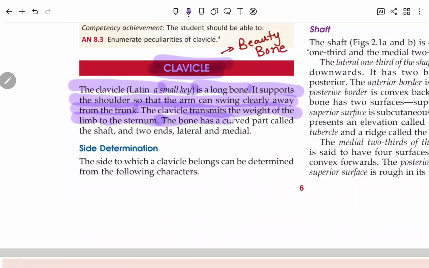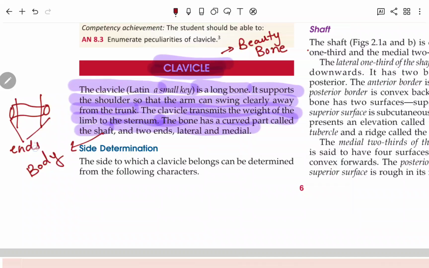The bone has a curved part called the shaft. Shaft is also called body, and two ends, lateral and medial. So in this paragraph it is told that it has two parts, which are the medial and lateral ends.